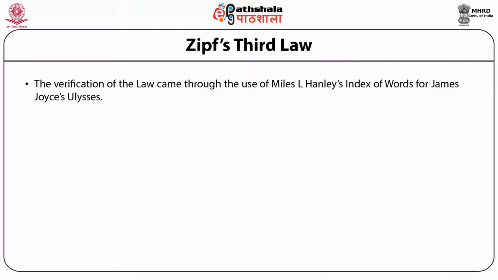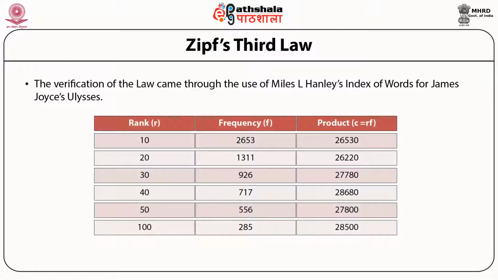From that we find that at rank number 10, the frequency was 2653, product was 26530. 20th rank, 1311 was the frequency, product was 26220. 30th rank, frequency 926, product was 27780. 40th rank, frequency 717, product was 28680. 50th rank, frequency 556, the product was 27800. 100th rank, 285, and the product was 28500.